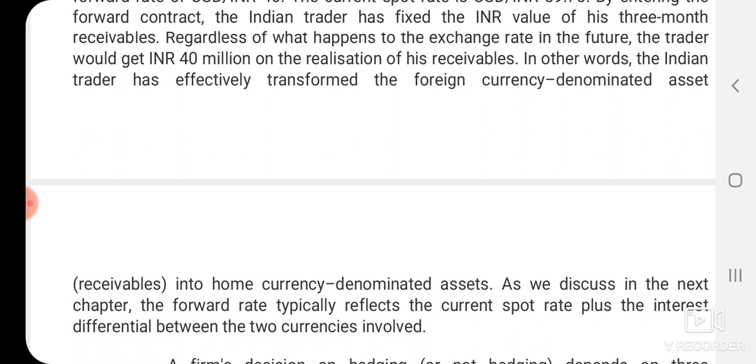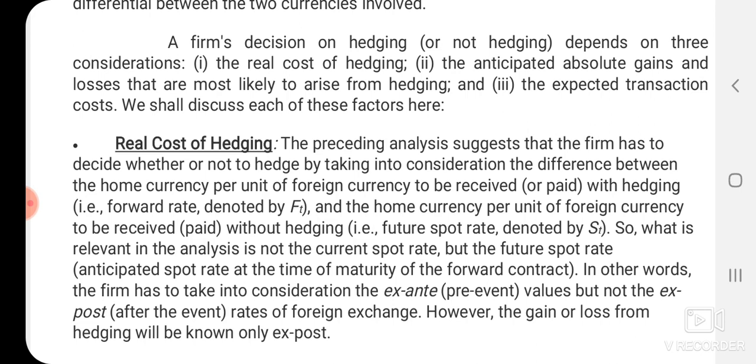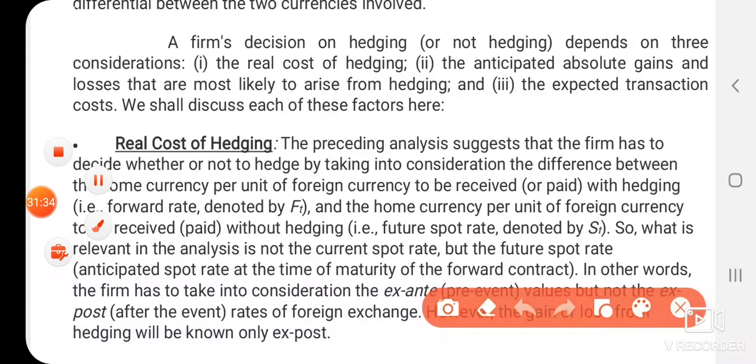He has converted such US dollar amounts into 40 million rupees.